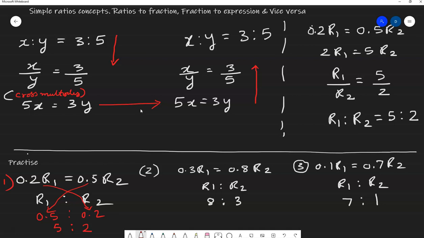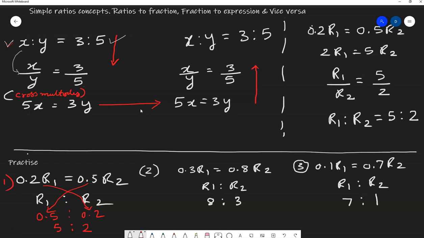Take for example the ratio x is to y is equal to 3:5. Now you know that this is the ratio, you can always convert this into a fraction. I can make x is to y as x by y is equal to 3 by 5.